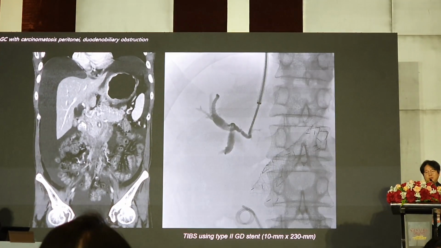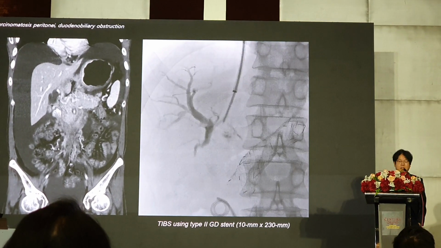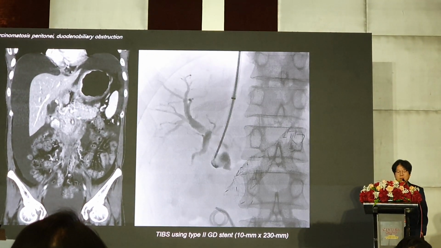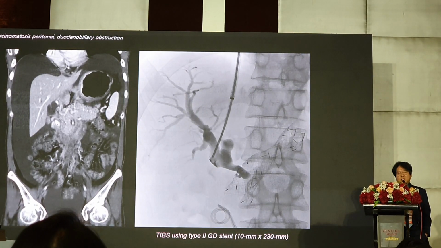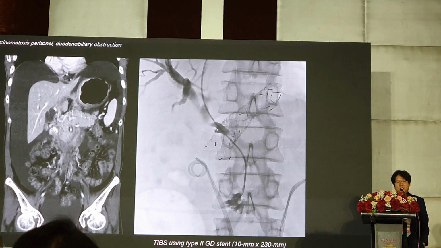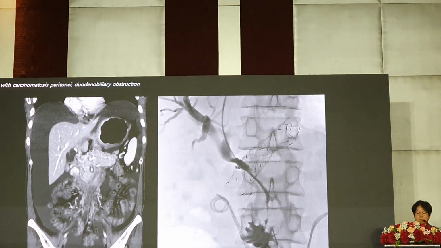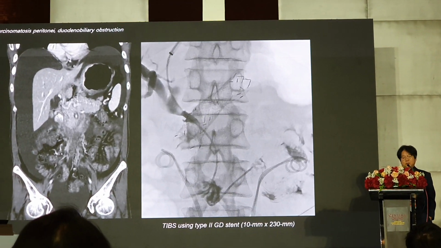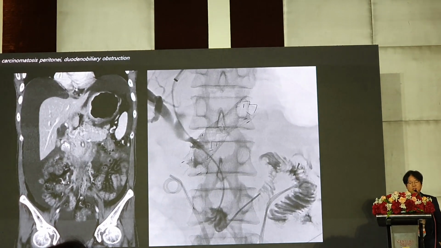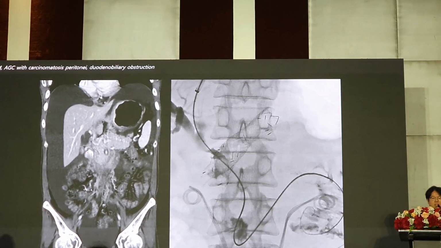At the time, the posterior bile duct branch was punctured, so I punctured the main right posterior hepatic duct like this, and I confirmed intrahepatic bile duct dilatation, and then I negotiated the guidewire and catheter and obtained cholangiography and duodenography. And you can see the distal biliary obstruction. Also, you can see the duodenal stricture or obstruction. So I decided to perform long biliary stenting.